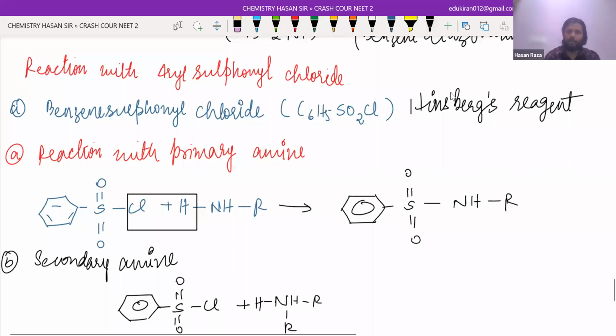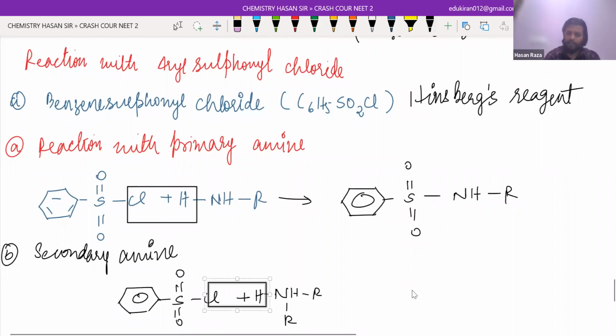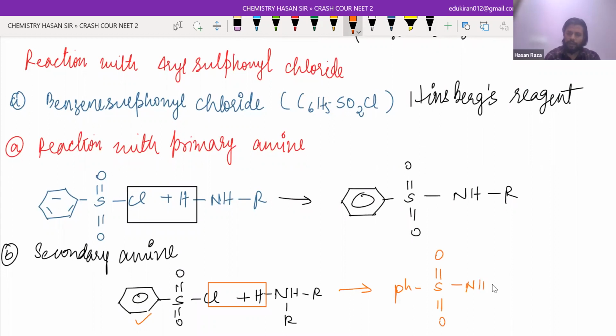And then you are going to remove this HCl. Then you will be getting the sulfonamide, S double bond O, and then NH, and then R. In this one, hydrogen with nitrogen is there, so it will be soluble in alkali.